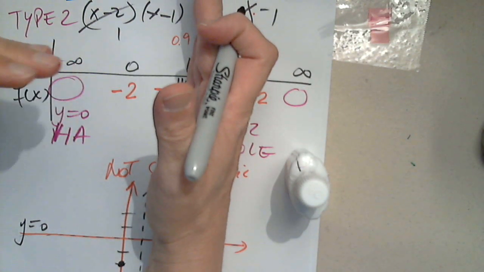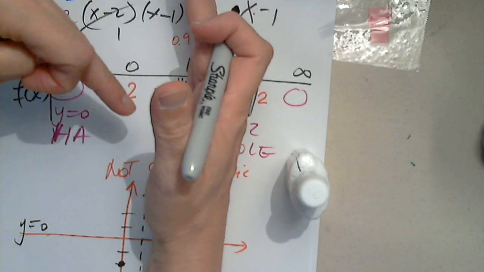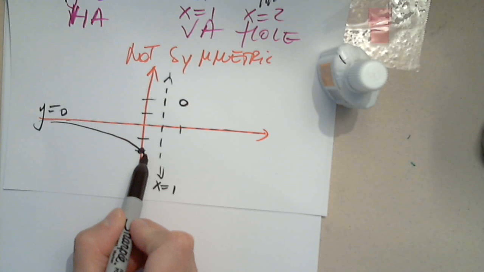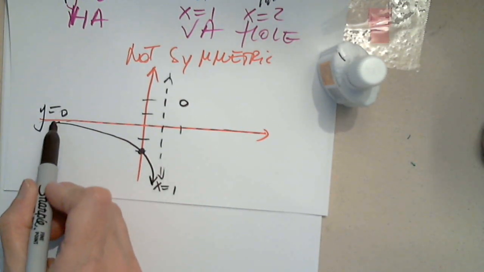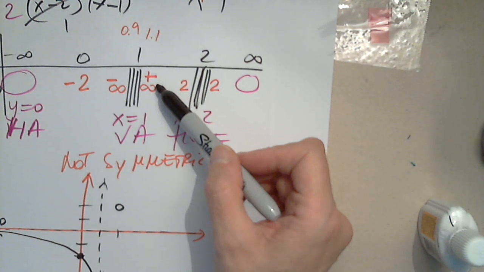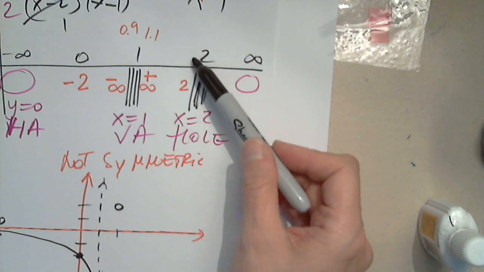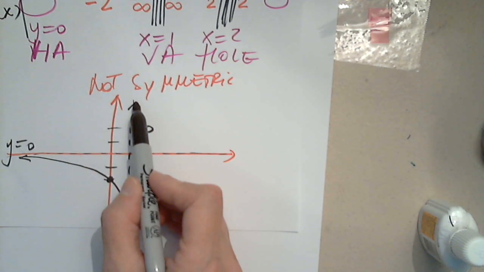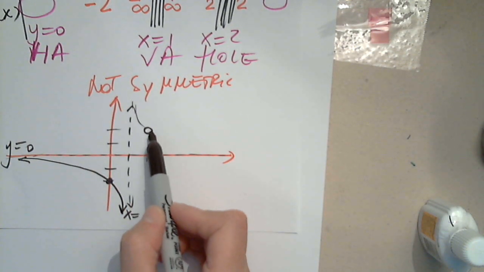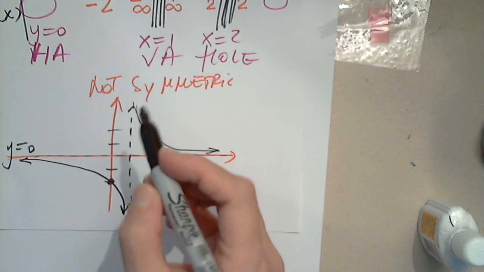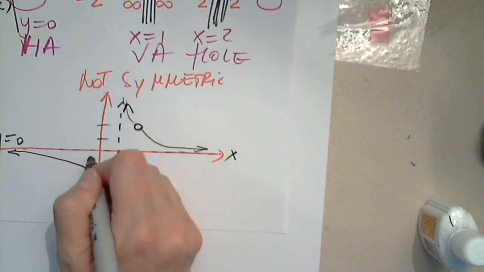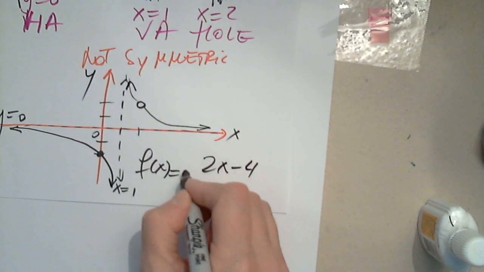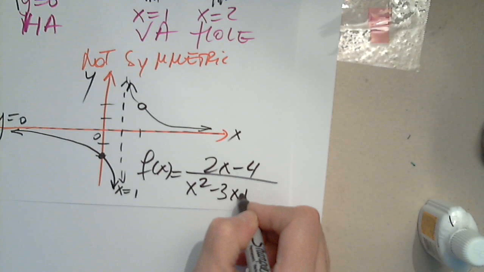From approaching infinity, going through 2, comma 2, this hole, and approaching 0. And this is the graph of f of x, 2x minus 4 over x squared minus 3x plus 2.